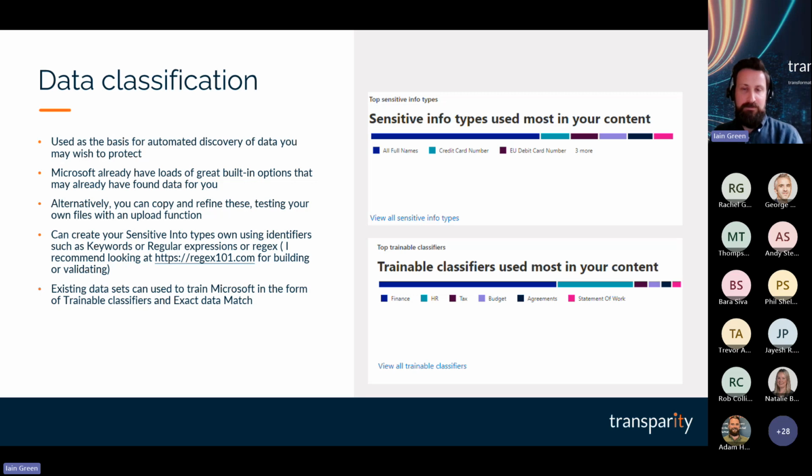Now, not only can you use the inbuilt ones, but you can also take copies of those and expand on them and improve them. So as an example, if you had a sensitive info type that is searching for a credit card number, say it's looking for a 14-digit string, but that's starting to pull up too many false positives, you can add what we call a supporting element to it, which is essentially a secondary check.